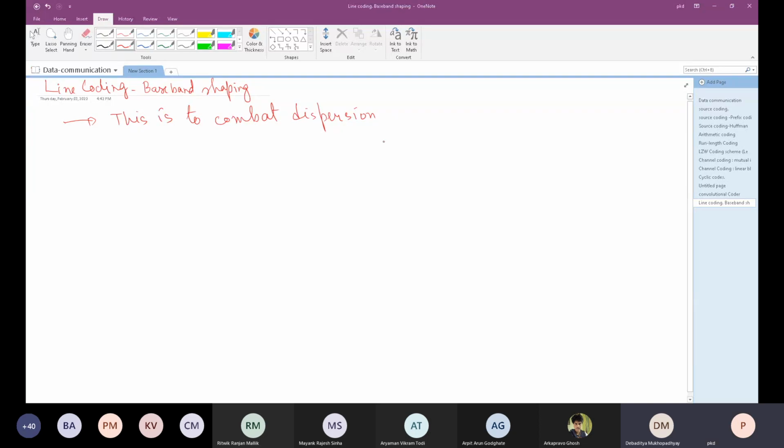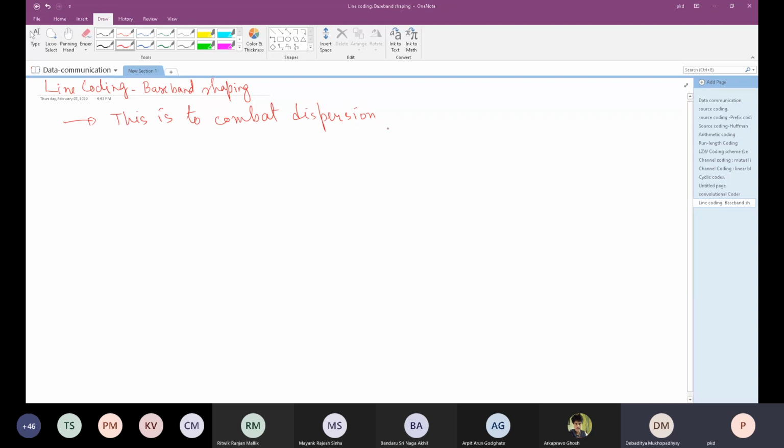So this is line coding or baseband shaping. It means we are in the physical domain, but not in the power domain. Transmission has not truly happened, but this could be done in the digital domain itself, or maybe in the analog front end.